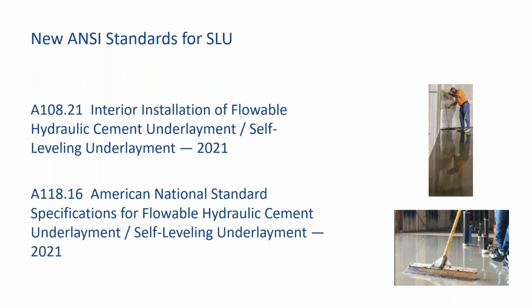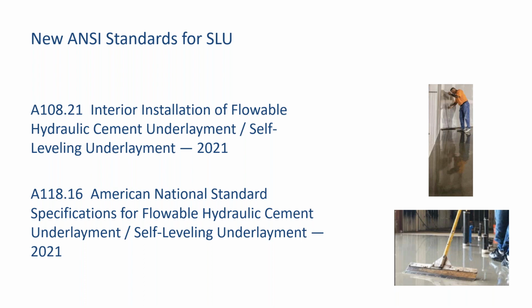Some of the contractors in the group felt that they aren't always actually trying to make a floor perfectly level. They're just trying to flatten it out to get it within tolerance. So they wanted to be able to describe that as well. And flowable hydraulic cement underlayment does do that. So both terms are appropriate, but flowable hydraulic cement underlayment is the newer one that came out with the standard.